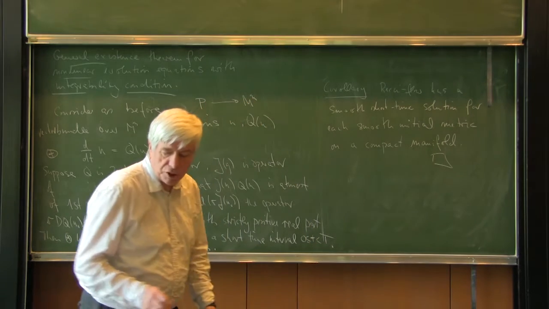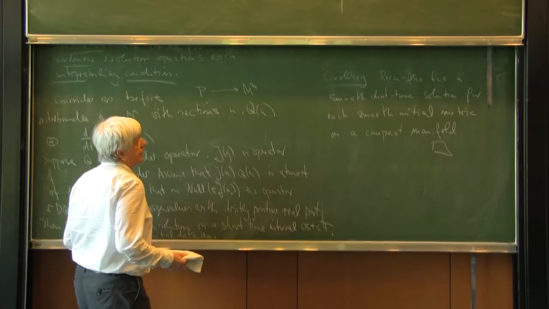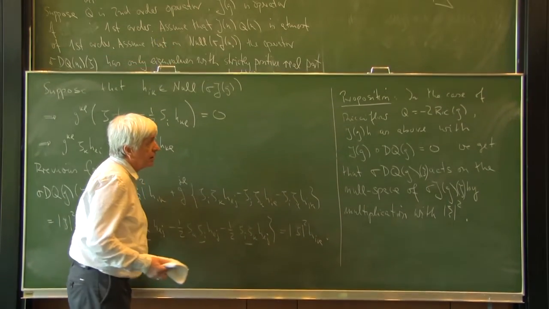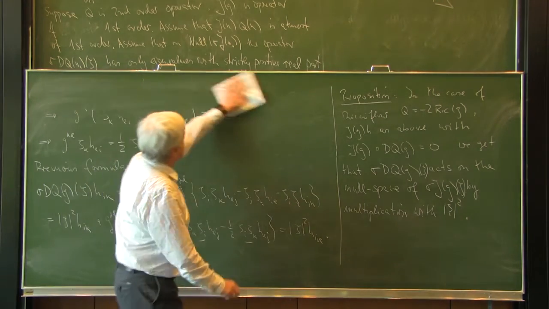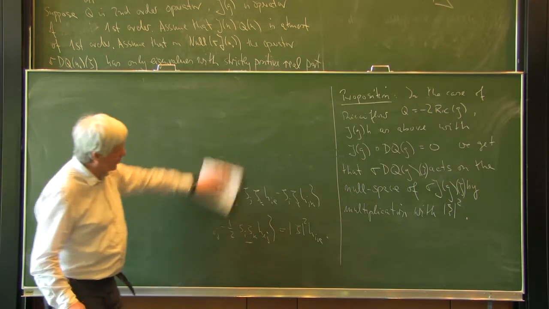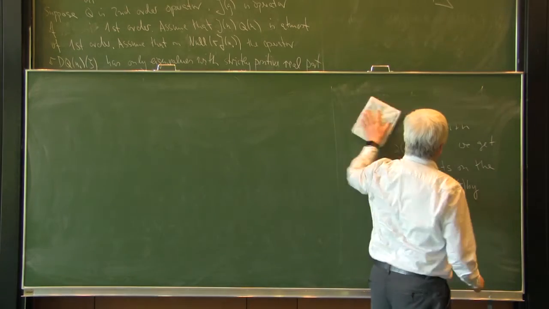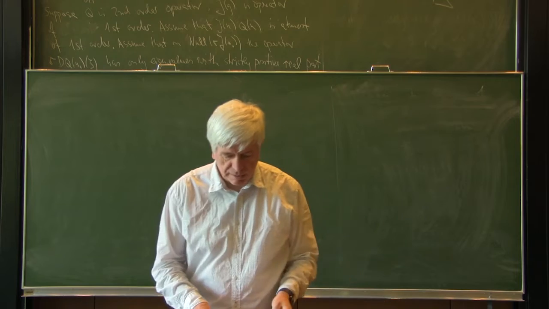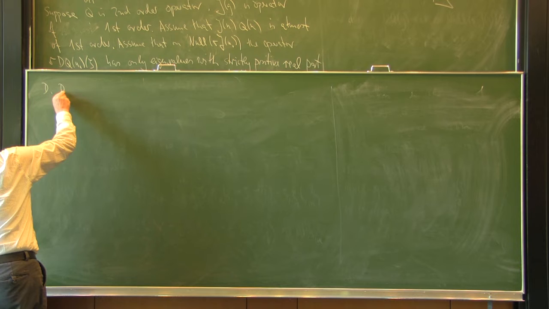And this more direct approach is due to Denis de Turck, and it is based on trying to get rid of the diffeomorphism freedom by finding an explicit, a specific diffeomorphism to use in order to break the degeneracy in the symbol. So here's the approach of Denis de Turck.